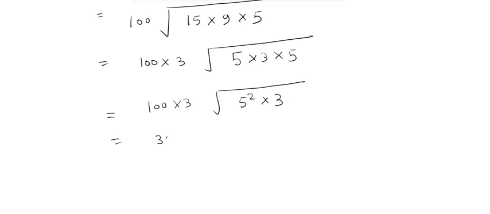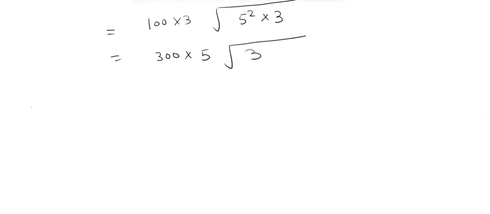So here 300 multiply 5 square root 3. So now it implies delta is equal to 1500 square root 3 meter square.